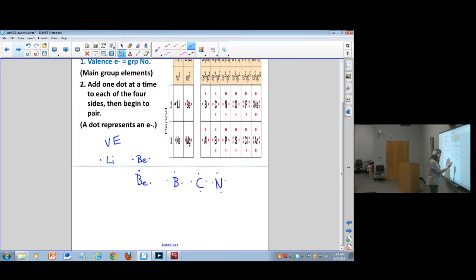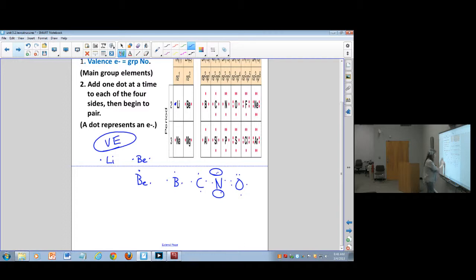Now, does it matter if your lone pair is up here or maybe down here? Makes no difference, just so long as you've got them right. Oxygen has 1, 2, 3, 4, 5, 6, for example. So you go along filling up like this, and the only thing you're interested in is the valence electrons.